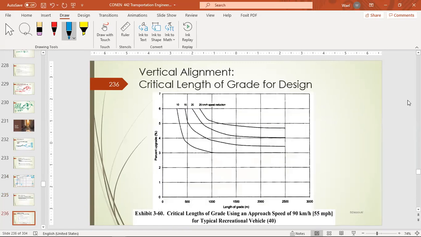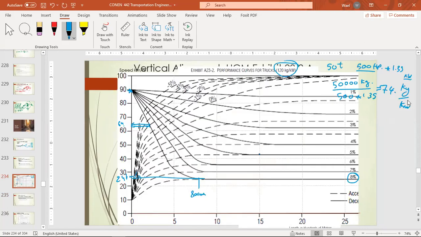So here, for example, if a vehicle is entering the grade at 70 and drove on that grade for maybe 200 meters, so this horizontal distance is 200 meters. Actually, the distance from here to here is 500.